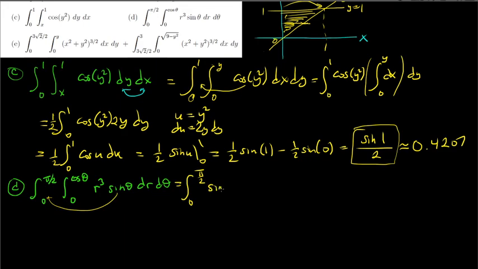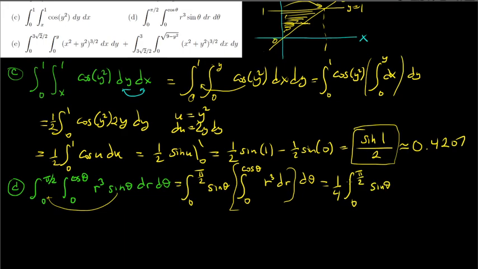So now we do the integral from 0 to cosine of theta of r cubed dr, and then we'll do the d theta. So this integral, again, pretty routine, just take the integral of r cubed as 1/4 r to the 4th. So sine theta, and then r to the 4th evaluated at cosine theta, so cosine to the 4th.